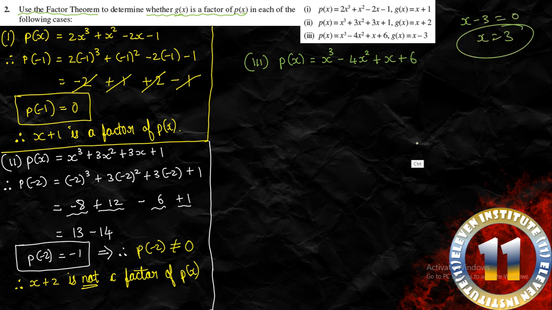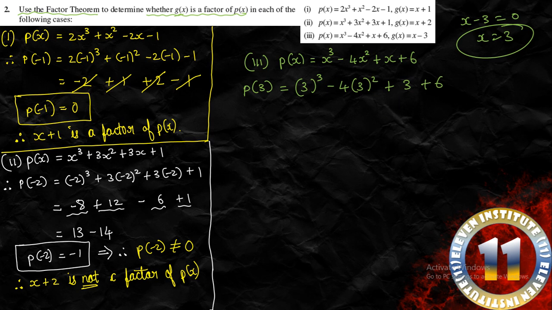We will have 3. So here, instead of x, we will put 3. Right, that's it. So let us do that. Instead of x, we will put 3. So you can see wherever there is x, we have put 3.